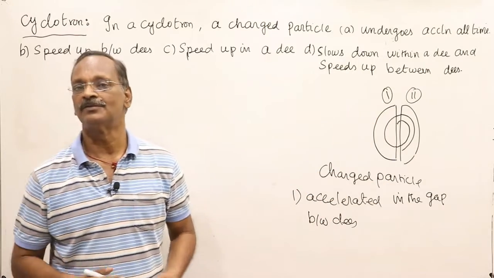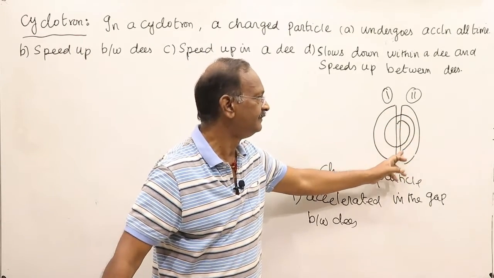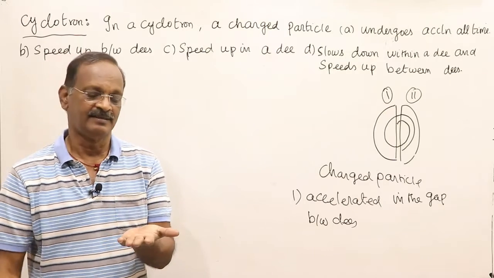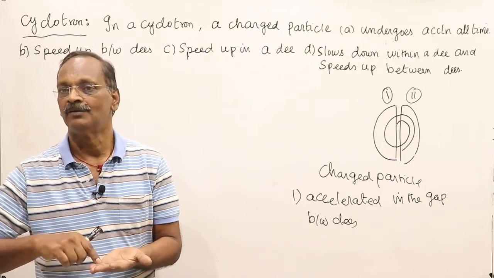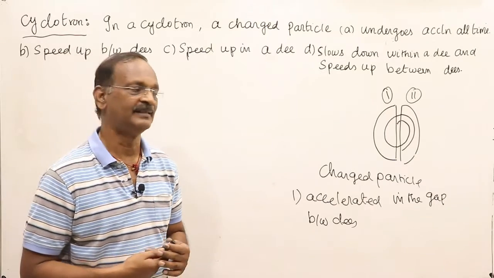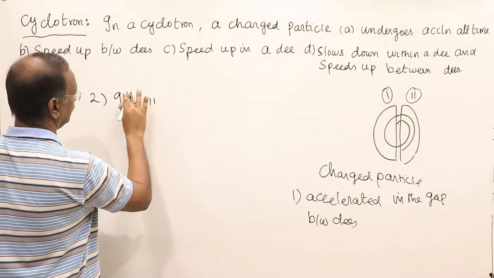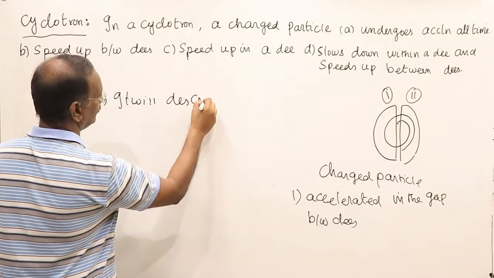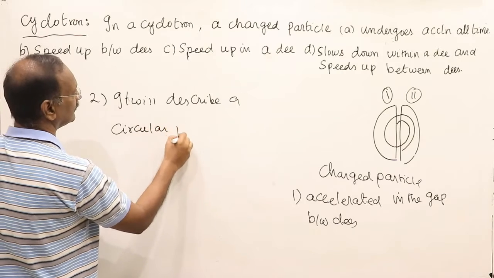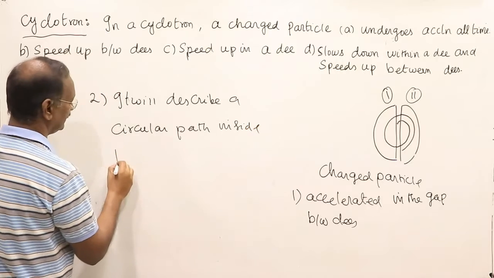Inside the D, it undergoes only a circular path, because when it is inside the D, from here to here, it is under the influence of the magnetic field. Since the particle enters at right angles, it will undergo a circular path, and the electric field has no effect on the charged particle. So it will describe a circular path inside both the D's.